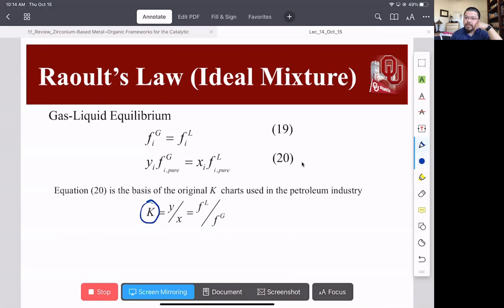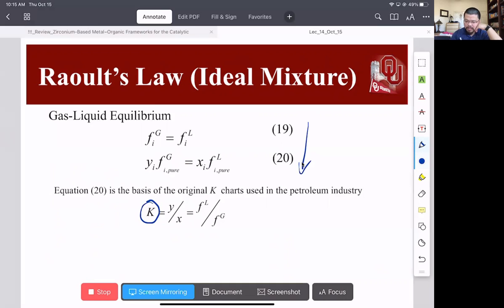So this is why when we talk about petroleum engineering, for their gas and their oil mixtures, we tend to utilize the ideal mixture assumption.